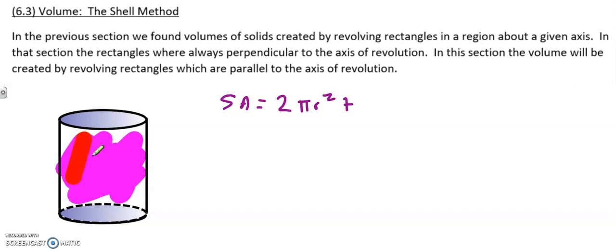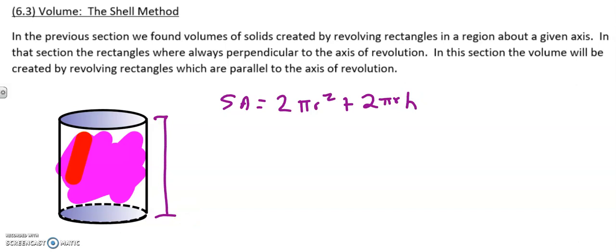Well, we're going to focus on that wall area of the cylinder. That's what's going to create our shell. As you recall from geometry, the surface area of this wall was the circumference of the circle, 2 pi r, times the height of that cylinder, h, right?